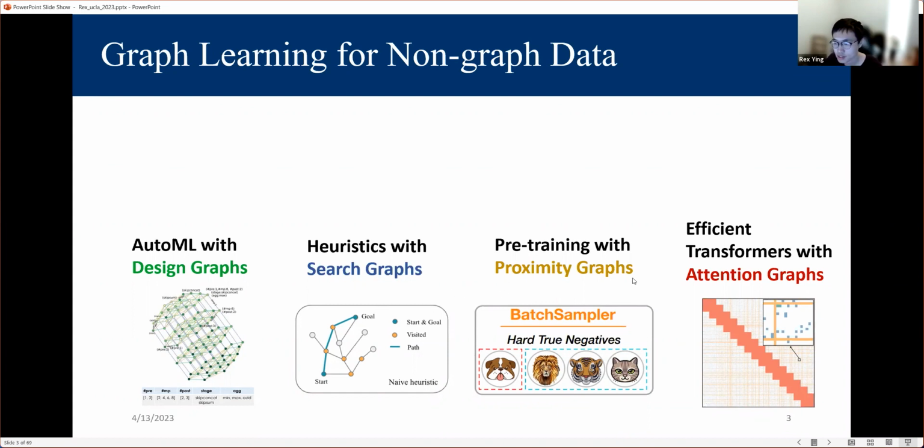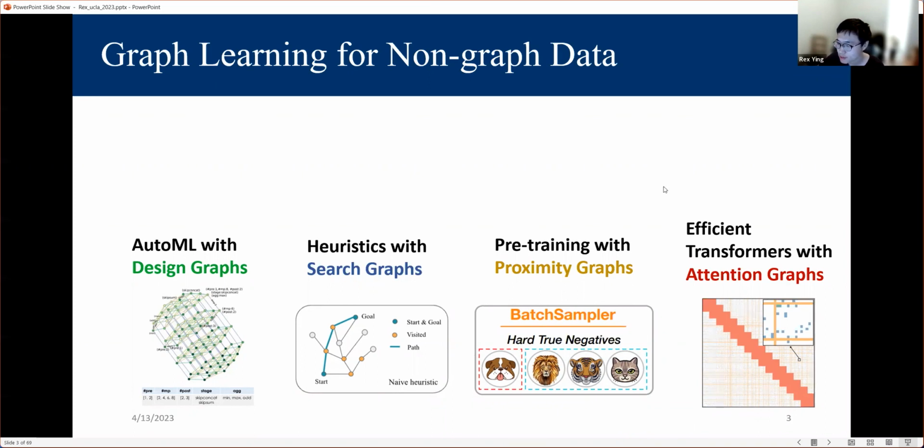In the third project, we use graphs to assist pre-training and self-supervised learning. We construct graphs, so-called proximity graphs, between examples of data, and we obtain hard negative examples such that it can help with self-supervised learning in a general setting, not just on graphs, but also in NLP and image self-supervised learning.